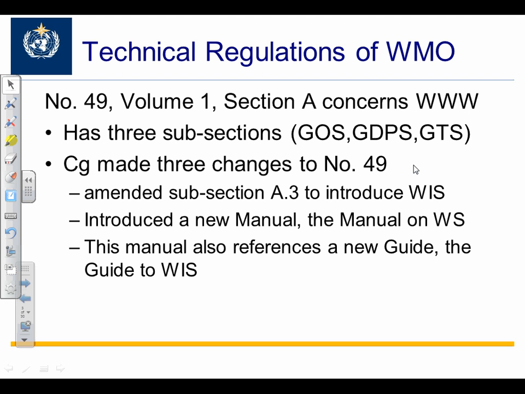So you all know the manual on the GTS. Now the amended section A3 will reference a new annex, which is the manual on WIS. And that new manual will reference a guide, the guide to WIS, in turn.